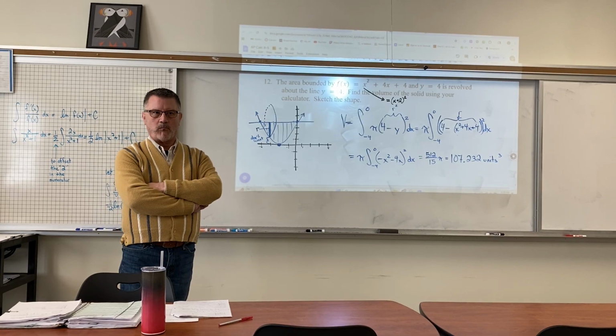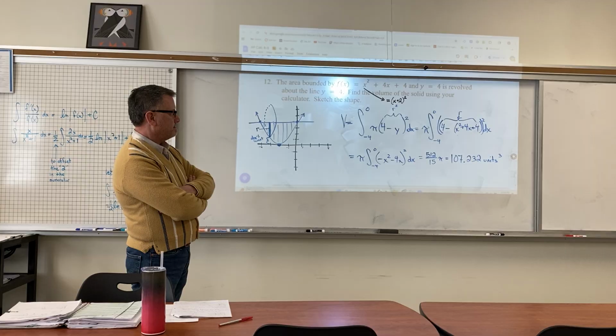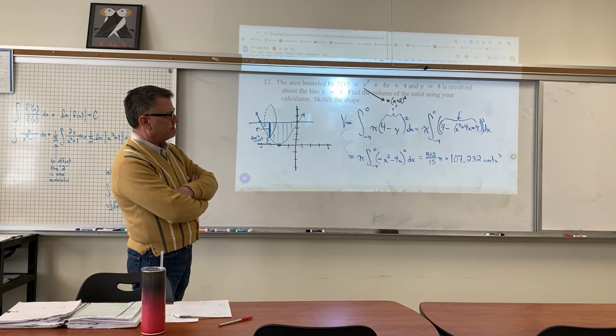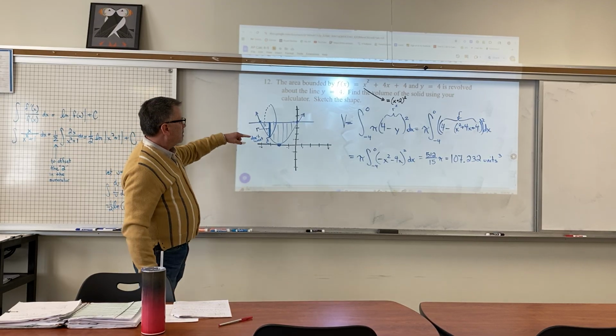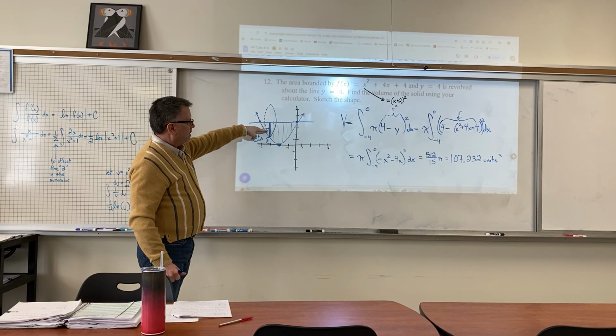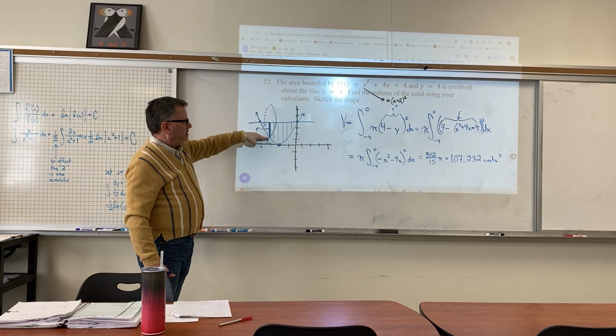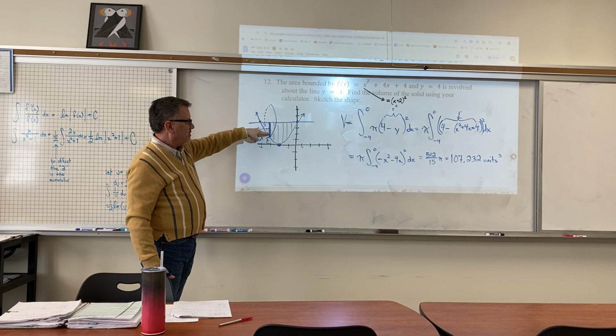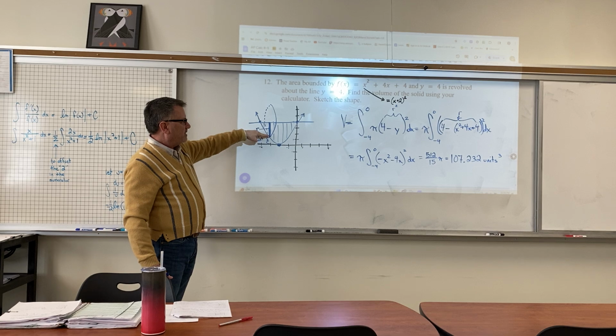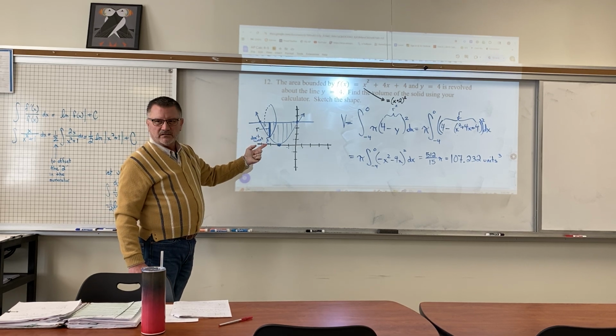Questions? Can you explain, I'm confused on why you did 4 minus y. Because I want this radius right here. That's what's rotating around. And it looks like it's going out here. So that's the piece I want, the radius. Well, if I did just the curve, that's always from the x-axis.